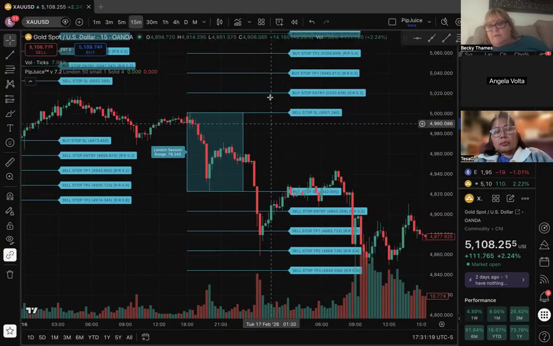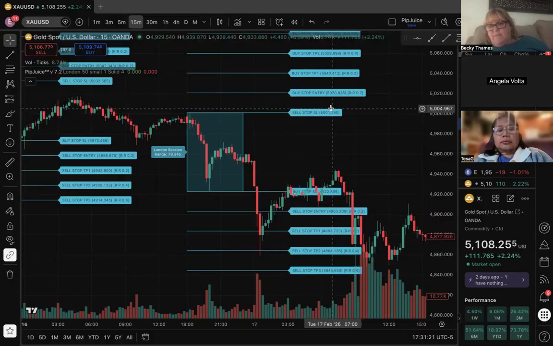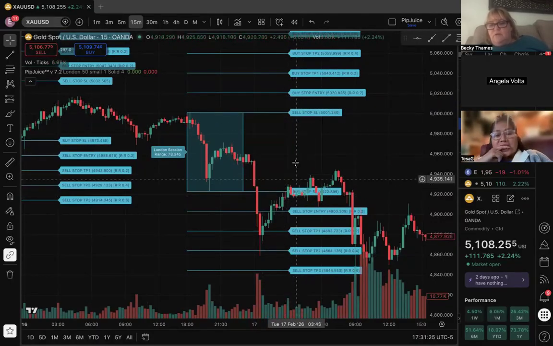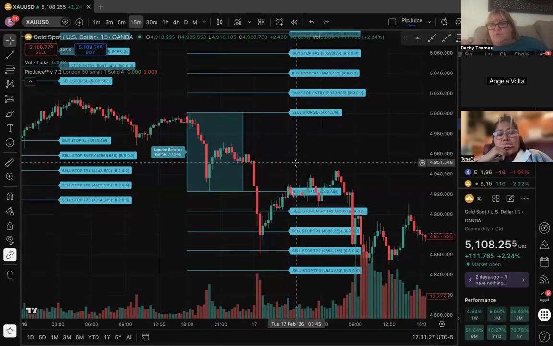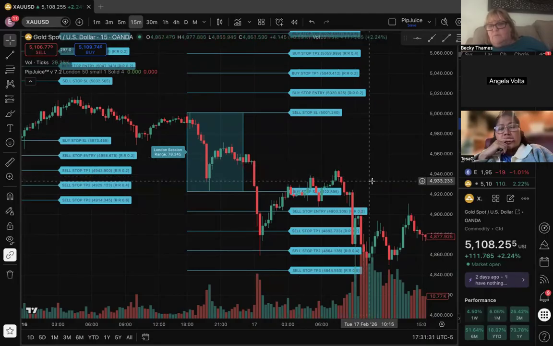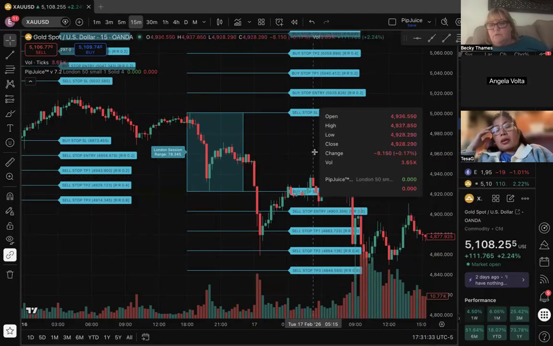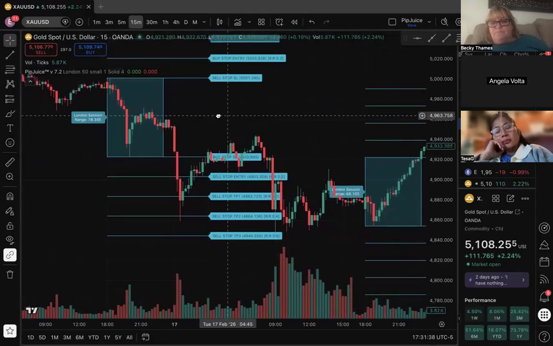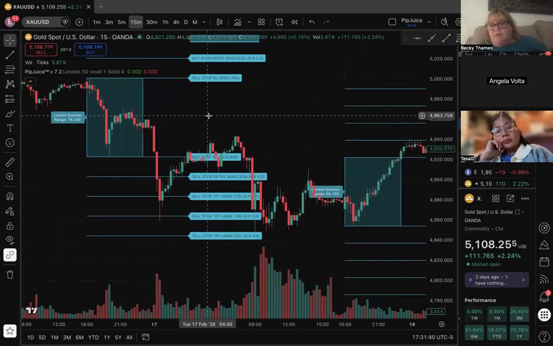Here's your stop loss way up here, right? Because your stop loss is so big, you want to make sure your lot size is super small, like 0.01, 0.02, whatever. But these are running when I'm sleeping, right? So I'll set it and forget it kind of thing.